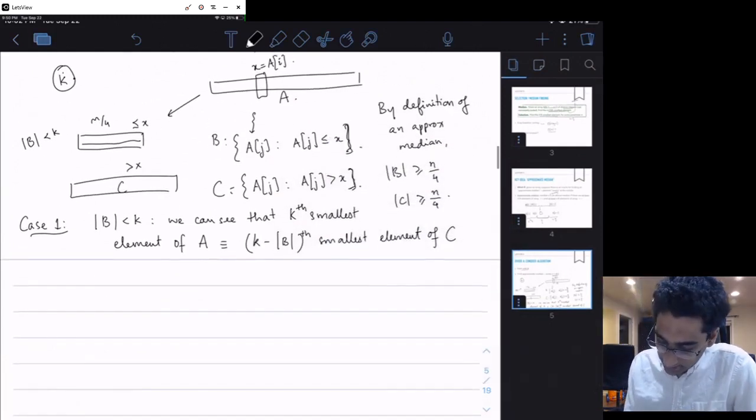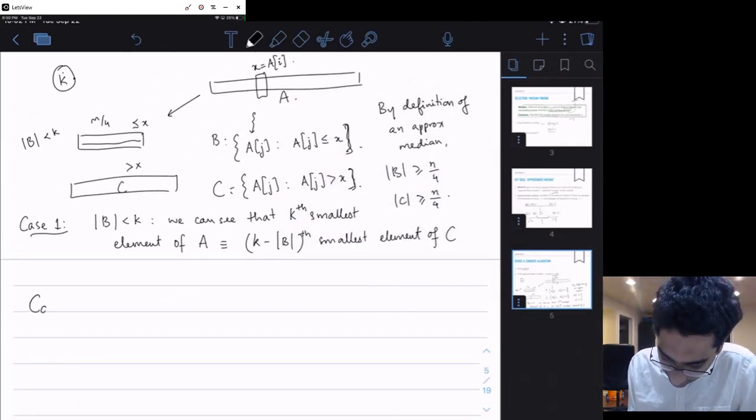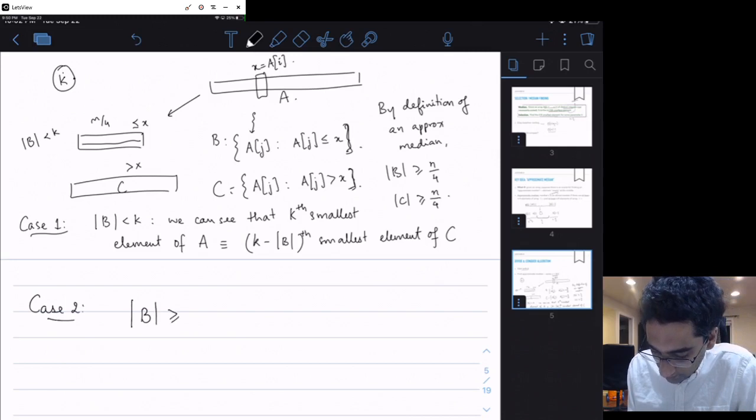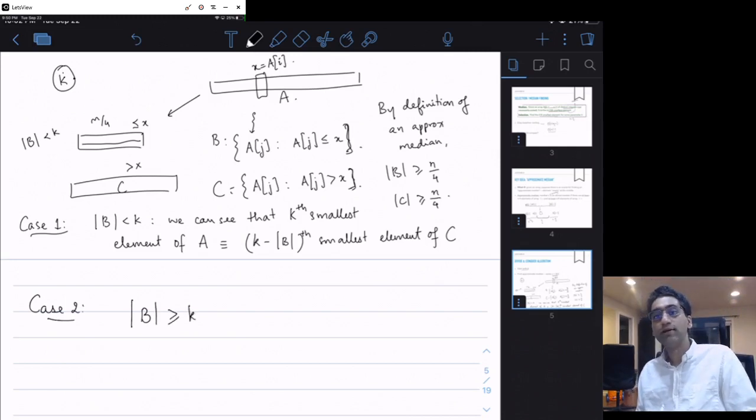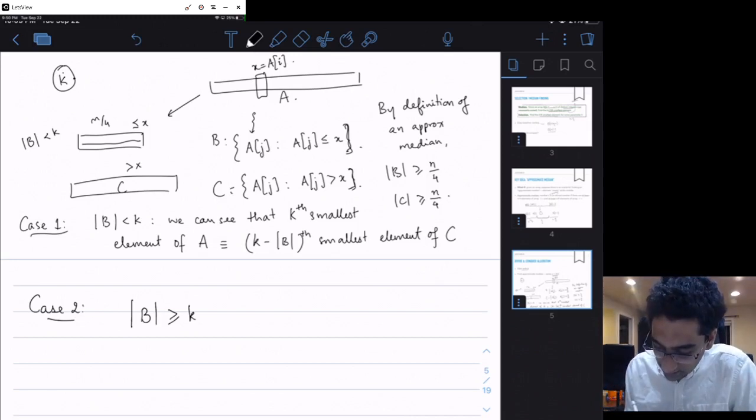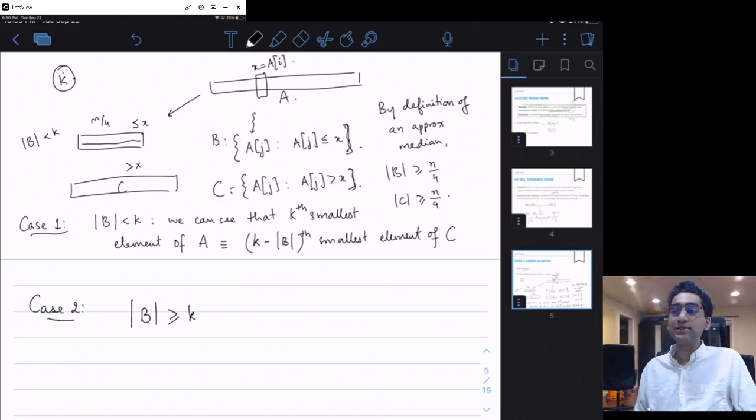And the second case is again very similar, right? So case 2 is that the size of B is more than or equal to k. So let's say there are more than or equal to k elements that are less than or equal to x. So what would the kth smallest element of A be?